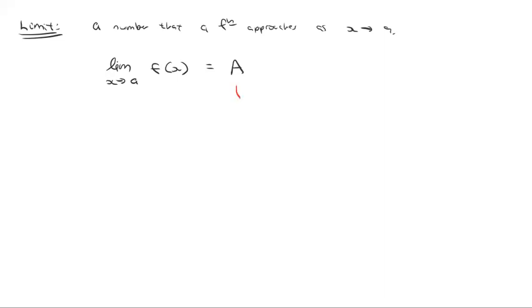So in other words, this is your limit. This is your function. And this is setting up the condition as x approaches a. So for example, the limit as x approaches 2 of x squared is 4, as we said earlier. Does that make sense?